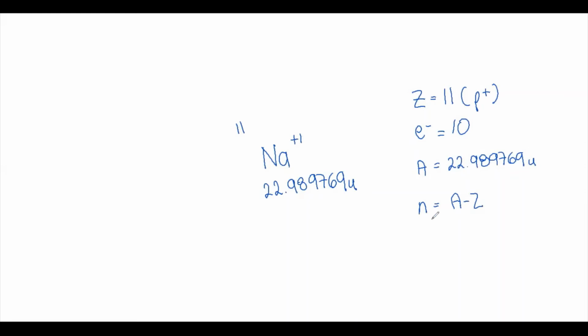So in this case, my neutrons would be equivalent to 22.989769 minus 11. Now, don't forget to round it up because neutrons are particles, so we cannot have decimals representing it, okay? So this would evidently be 11.989769. So we round it up to 12. And that's all.